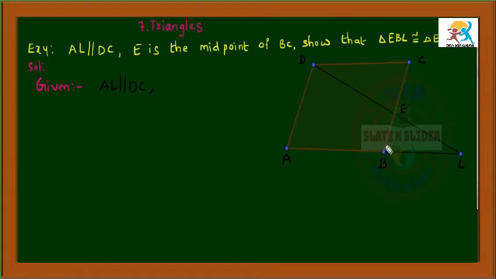What does it mean? It means BE is equal to EC. That we have to write in the given. And we have to show that triangle EBL is congruent to triangle ECD. That is to prove.